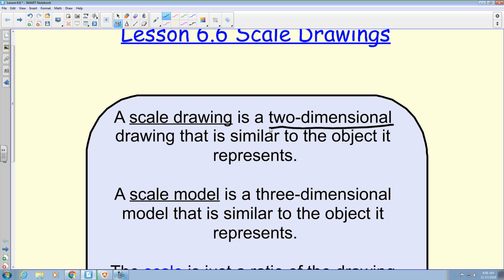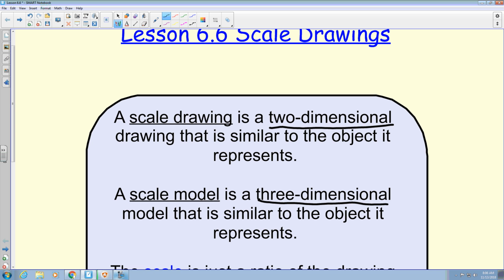A scale model is three-dimensional. The biggest example I can think of is when you purchase model cars, model planes, stuff like that. They actually have a scale to it, like 1 to something.